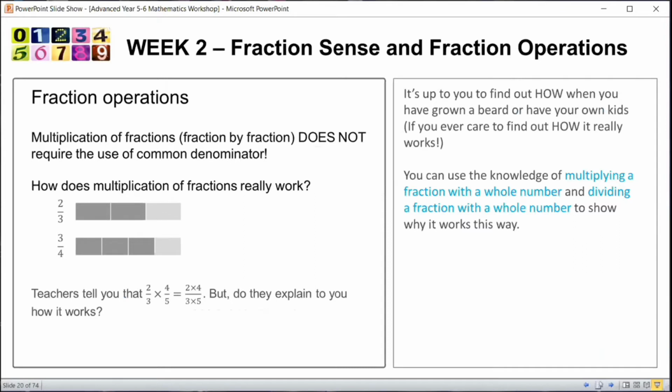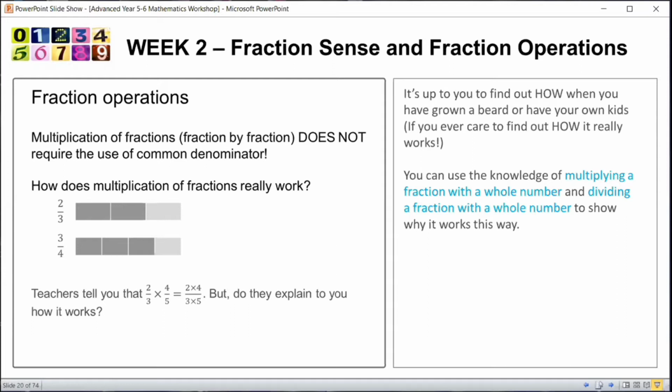Now, the next thing is when you multiply a fraction by a fraction. And this is really easy. It doesn't mean that you really understand it, but all you need to do is to time the top with the top and the bottom with the bottom.